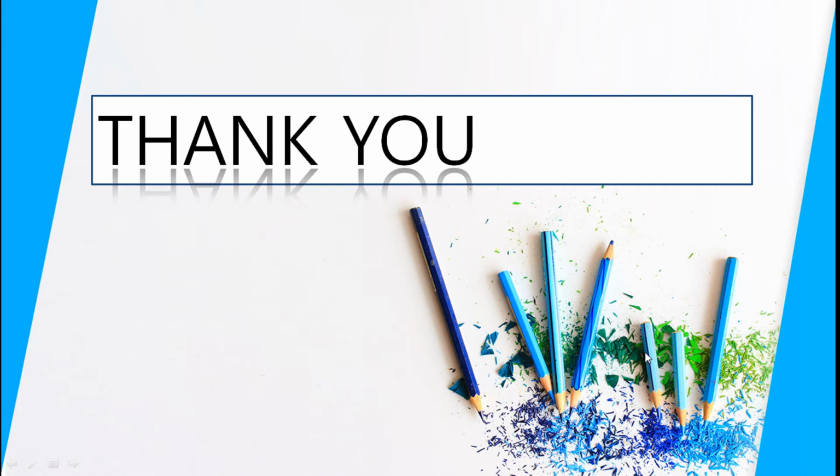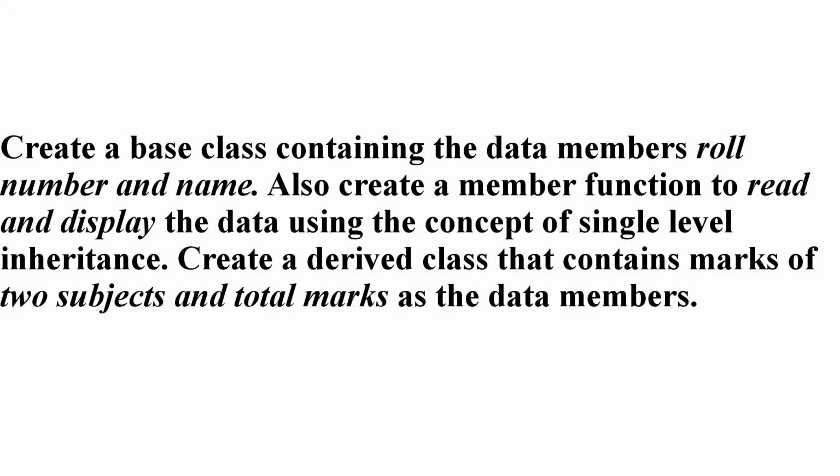So this is all about the chapter. Thank you. We'll be moving to Turbo C++ and we'll be seeing a program related to single level inheritance. As you can see, the question is to create a base class and a derived class.